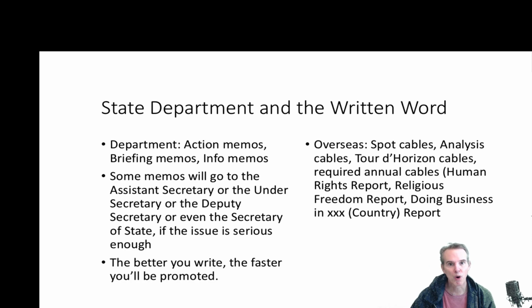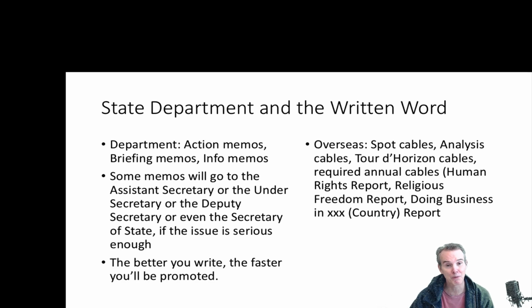Let me just go over a little bit again how important the written word is in the State Department. It is the lingua franca of the State Department. I can't underline how important it is. If you're in the department, for instance, you're going to be preparing a lot of written products, including action memos where your principals will be making a decision on a course of action.